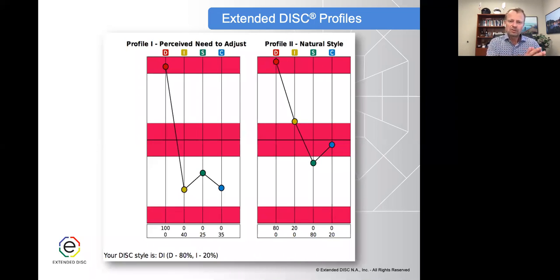They are not absolute scales. Really what we need to focus on is the relationship among the 4 styles, because all of us have all of these 4 styles in us. And what we need to understand is our comfort level, or how much energy it requires for us to exhibit these different behavioral styles.